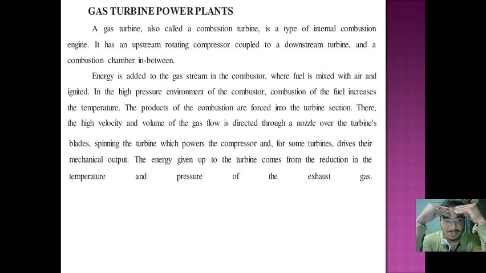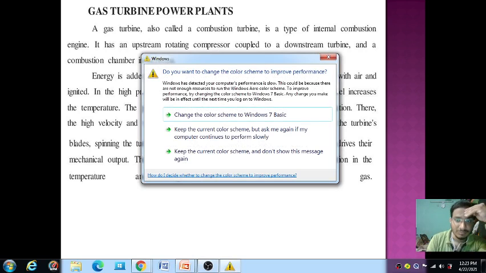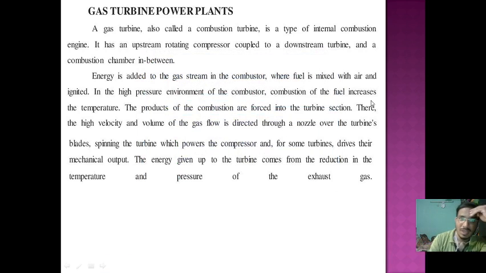It has an upstream rotating compressor coupled to a downstream turbine, with a combustion chamber in between. Gas flows from the compressor upstream to the turbine downstream.